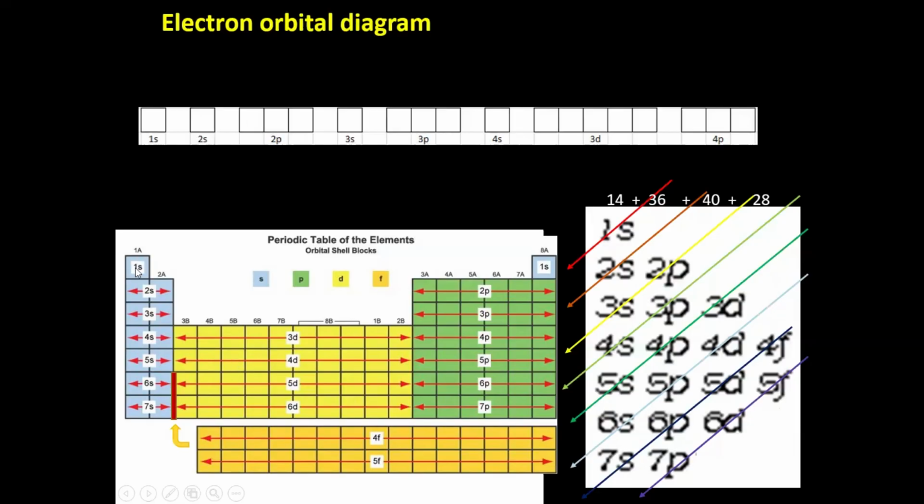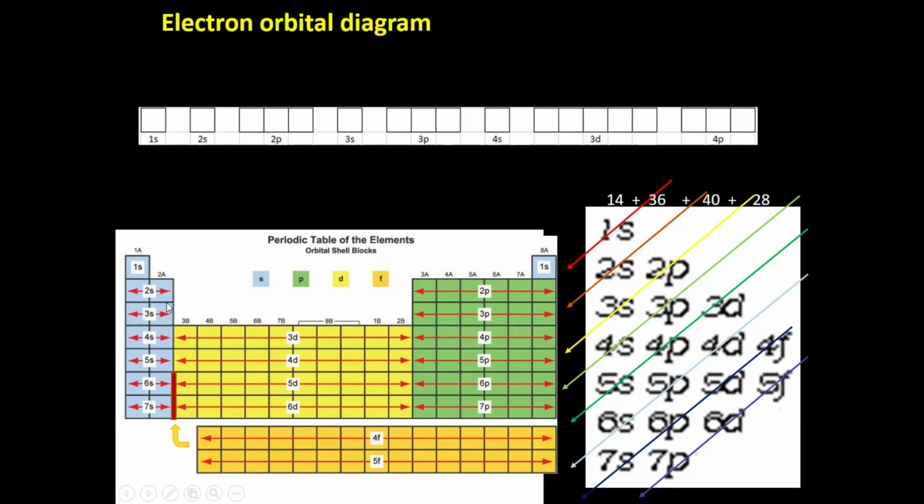So the 1s is hydrogen and helium. They're kind of separated by a big gulf, but they're both on the first level. Then the second energy level has the 2s over here, and then 2p, and then the 3s and the 3p, then the 4s, and then the 3d, and then the 4p.